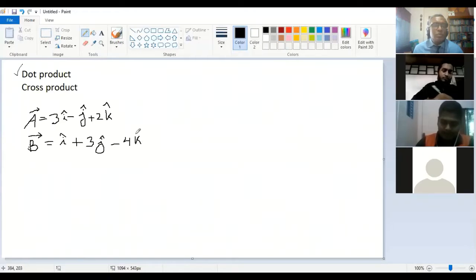So these are the two vectors as an example, and we will find out the product.